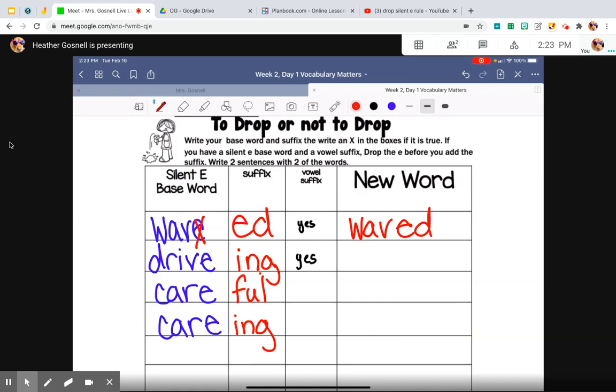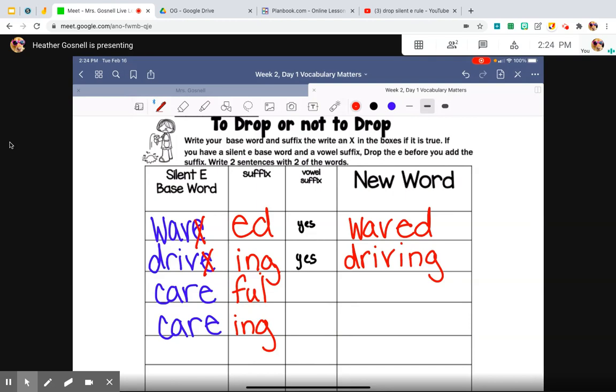The suffix ing starts with an I, and that's a vowel. So, what do I have to do next? Well, I have to drop that E. Remember, if my base word has a magic E in it, and I'm trying to add a vowel suffix, I need to drop that E.